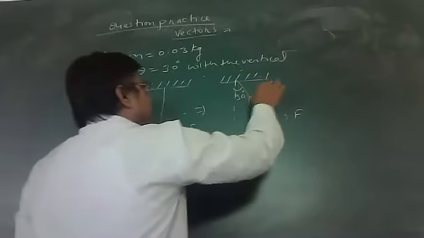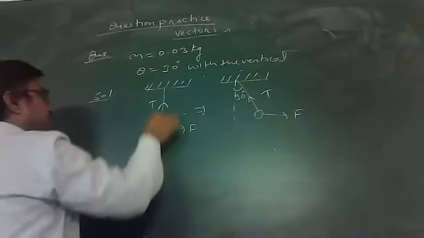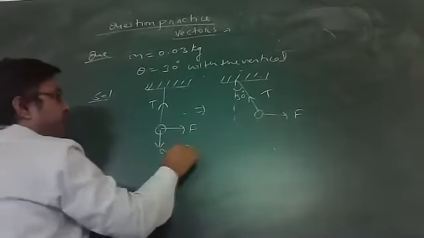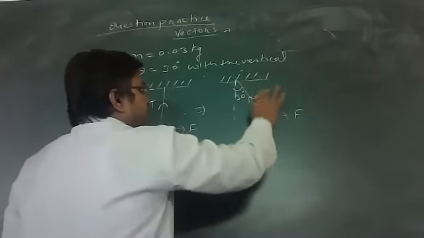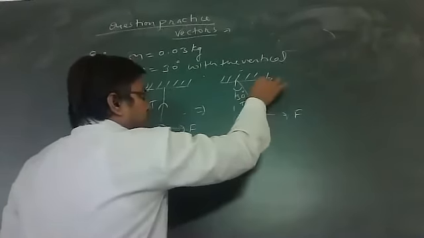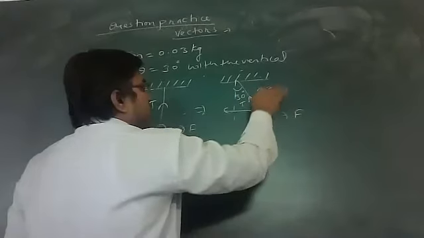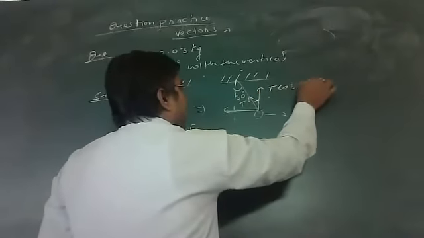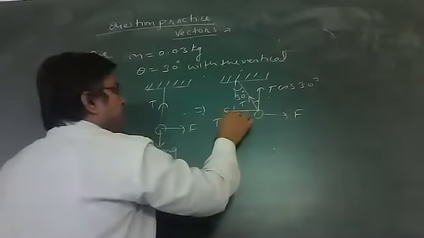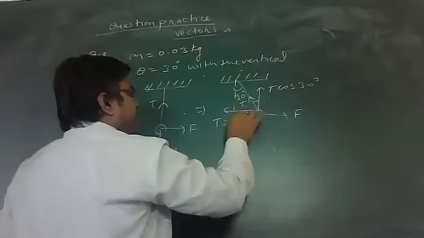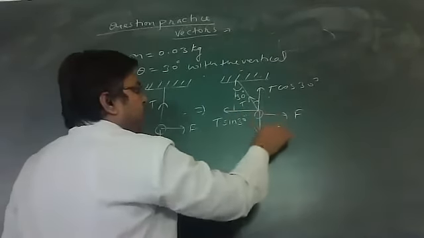Due to this force, tension is developed here, and the weight force is vertically down. Now see, this tension can be split into components. One component this side and one component this side. This will also be 30 degrees. This component you will get as P cos 30 and this component as P sin 30. And this is the weight force.